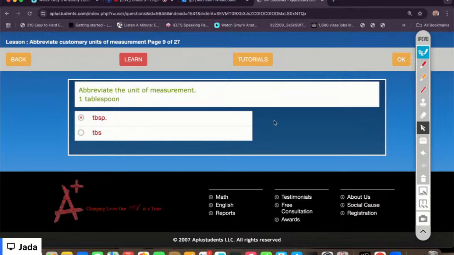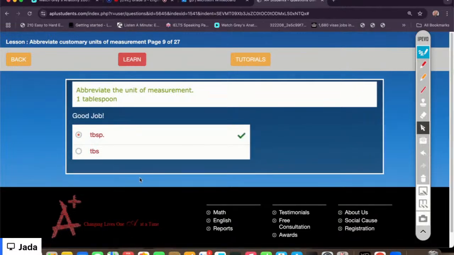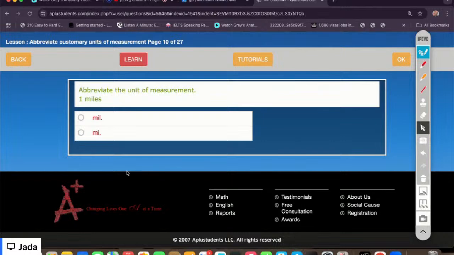All right. So tablespoon. Good. Okay. So we have 1 mile.